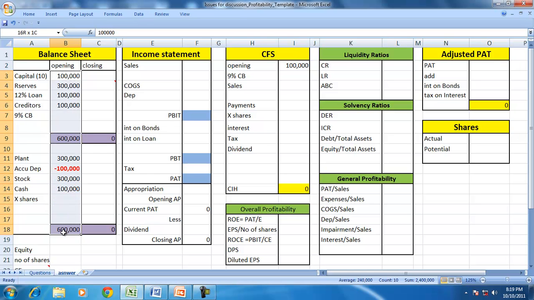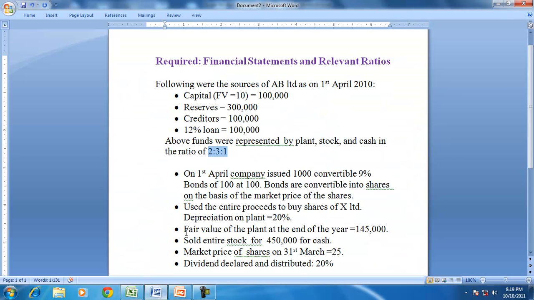Now with this opening balance sheet, we'll prepare the financial statements on the basis of the transactions undertaken by the company. The first transaction is that the company issued 1,000 convertible bonds of 100 at 100.